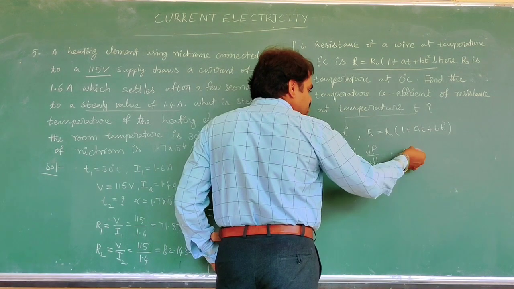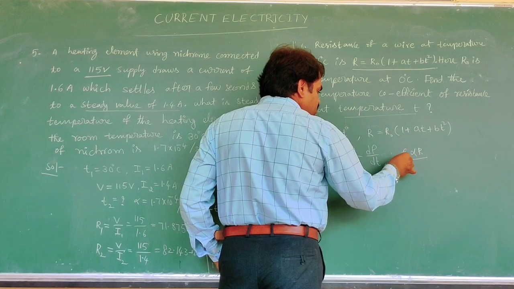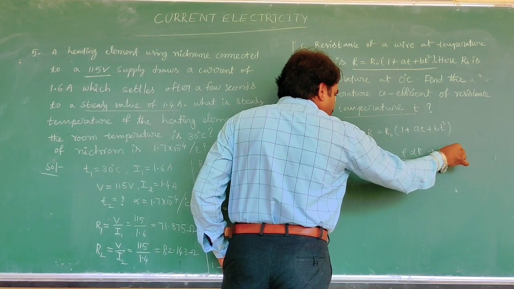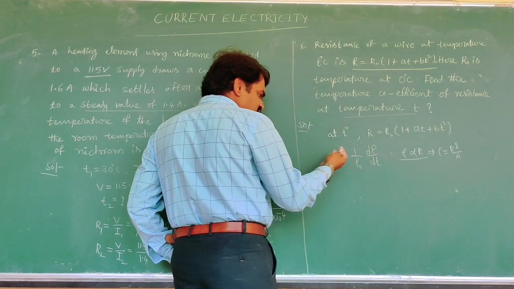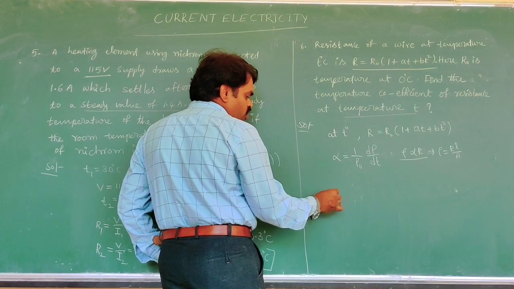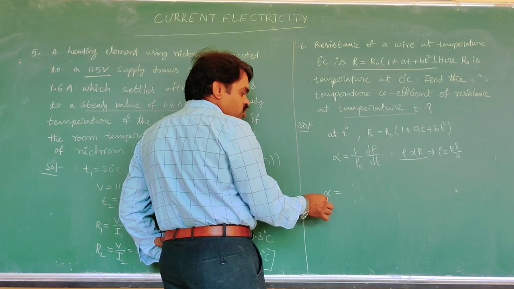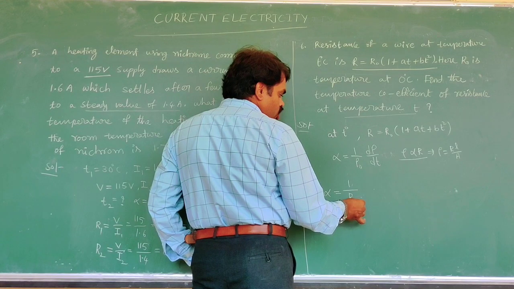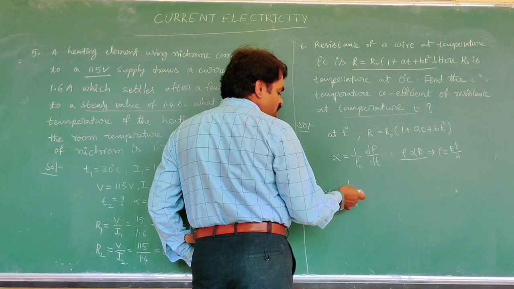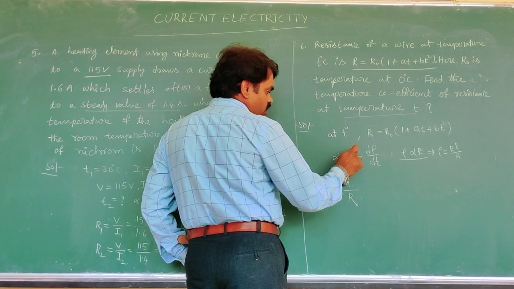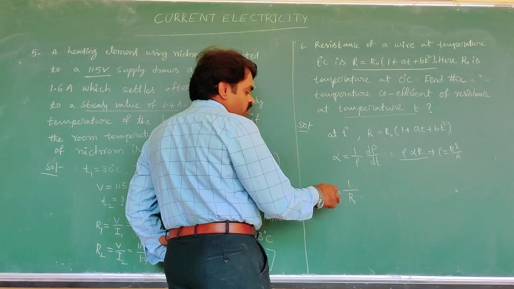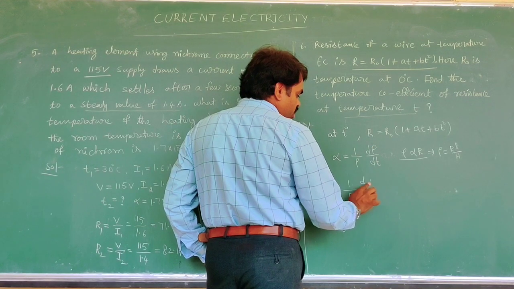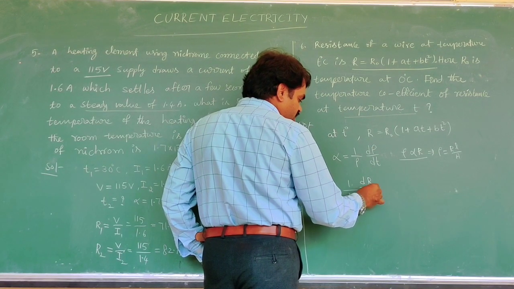But we know resistivity is proportional to resistance, because rho is equal to RA by L. Similarly, we write the temperature coefficient of resistance alpha is equal to 1 by R into dR by dt.